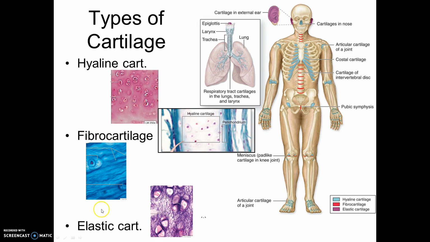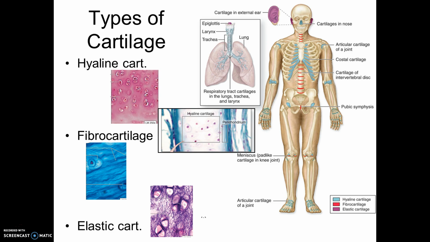And then the third type is elastic cartilage, which we can see down here. Again, the chondrocytes are trapped within a surrounding lacuna with lots of elastic fibers, sort of a mesh-like arrangement of fibers surrounding the chondrocytes. And so the elastic fibers give elastic cartilage those characteristics of being flexible as well as resilient, meaning they can return to their original shape.